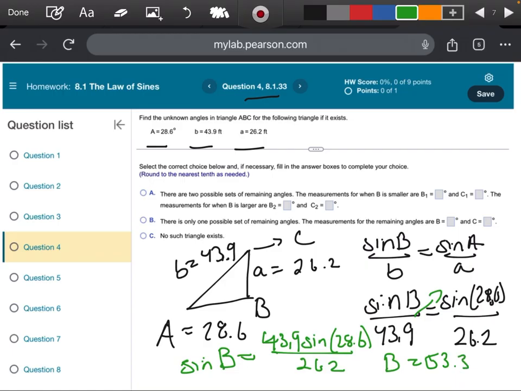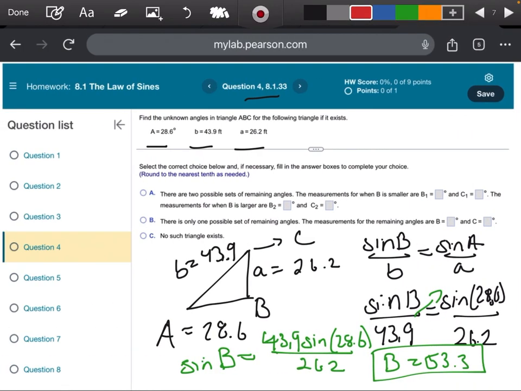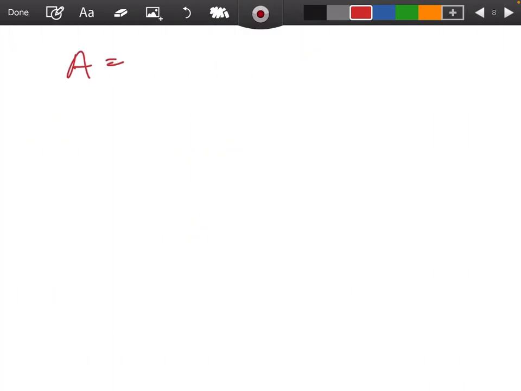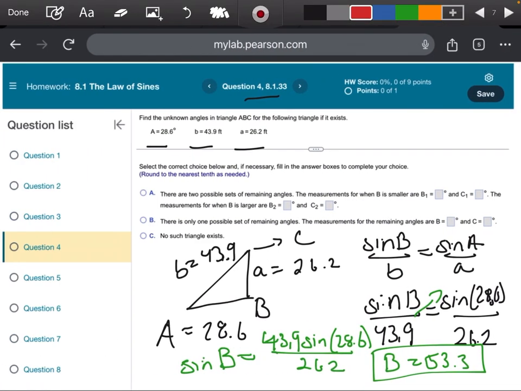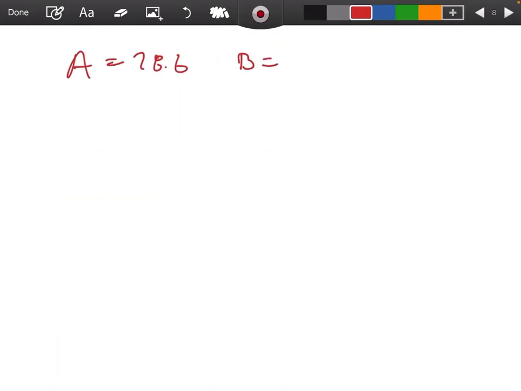Okay. So, y'all, now let's see if we can find our angle C, okay? So, look, y'all, we know that our angle A was 28.6, and we know that our angle B was 53.3. We'll find our angle C by adding those two up together and subtracting from 180.